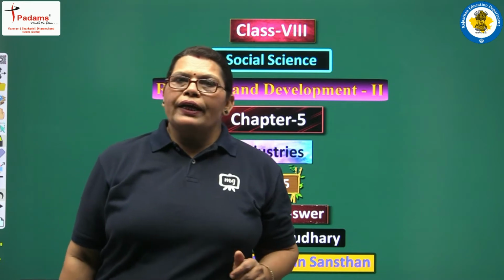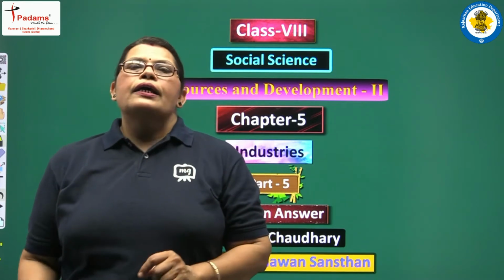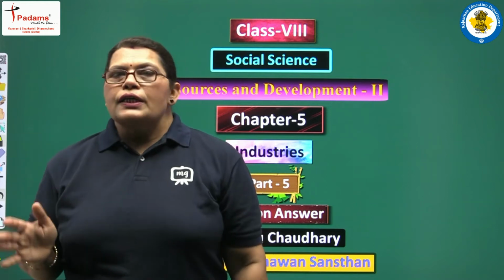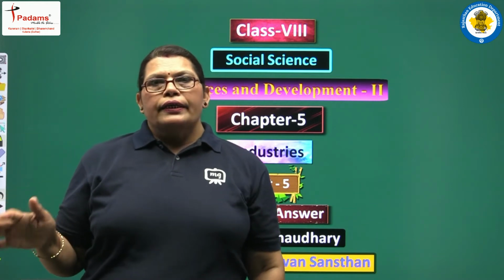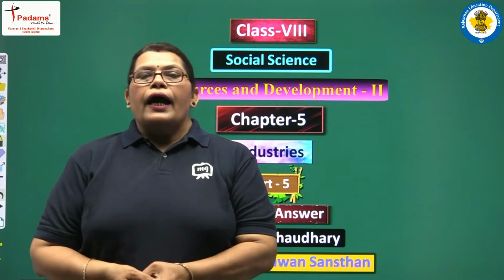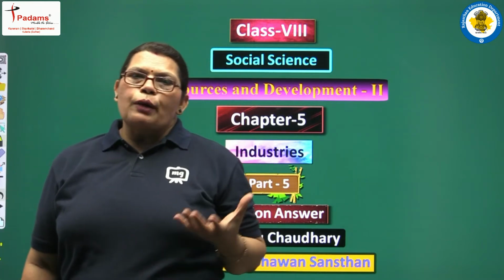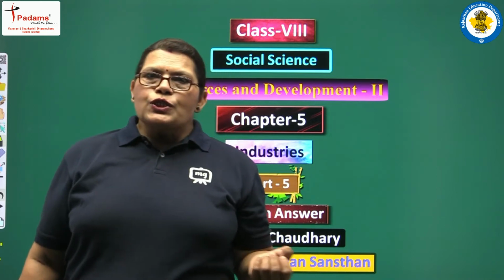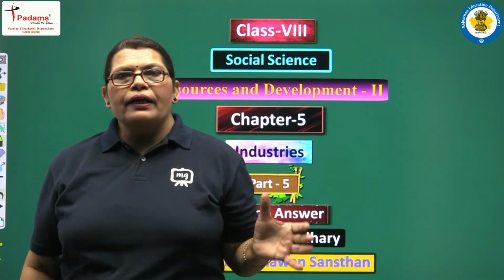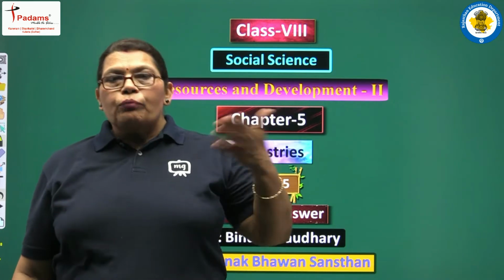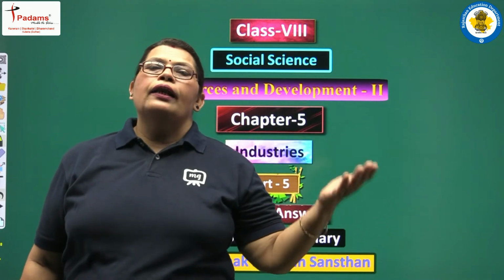When we classify industries on the basis of size, then it is large scale industries or small scale industries. Large scale industries have their own technologies, machineries, a large amount of capital investment and labor also, and with all these things they are producing large scale material.